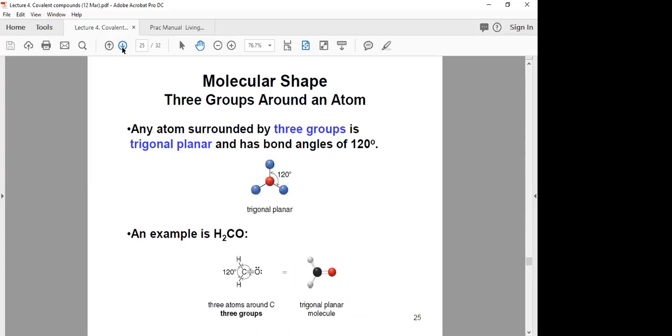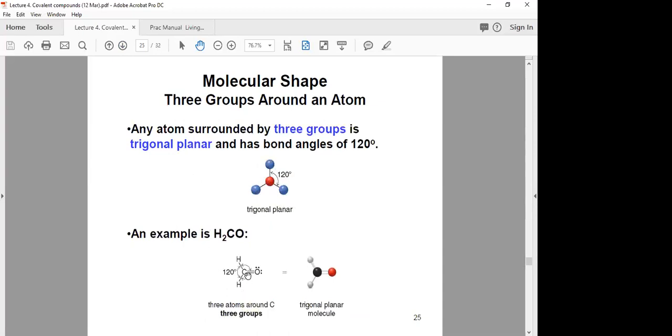All right, what happens when we're looking at a molecule that has three groups surrounding an atom? Here's our central atom in question, and we can see the three groups. In this case, once again, three atoms represent the three groups. The bond angles are 120 degrees, and the molecule will have the trigonal planar geometry.